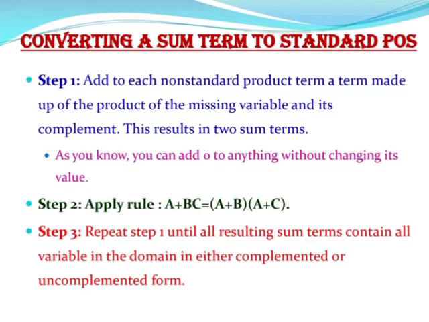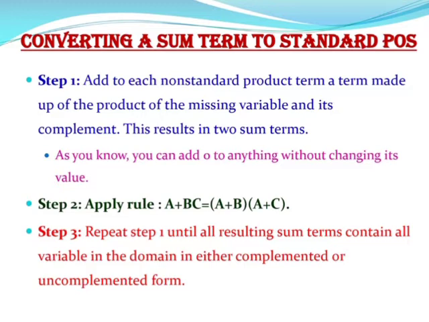Next, converting a sum term to standard POS. Step 1. Add to each non-standard sum term a term made up of the product of the missing variable and its complement. This results in two sum terms. As we know, we can add 0 to anything without changing its value. For example, in a term, if variable A is missing, you should add that term with A and A bar. In effect, you are adding that term with 0, which does not change its value.